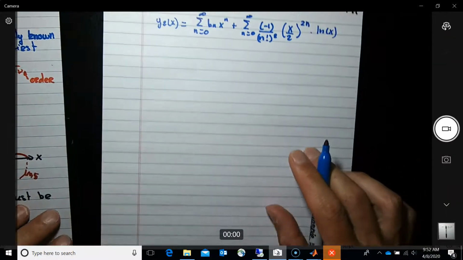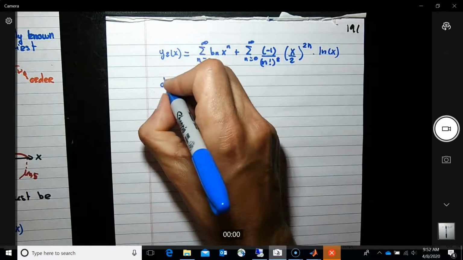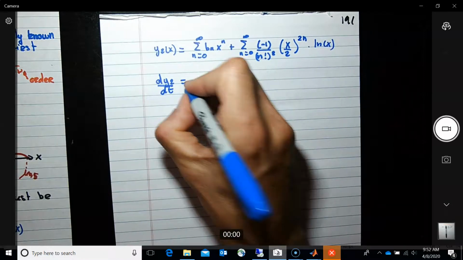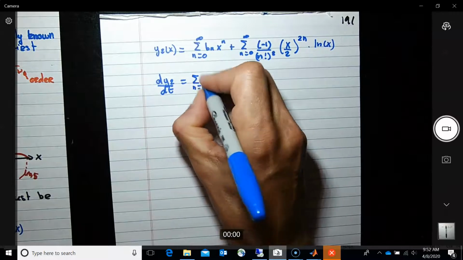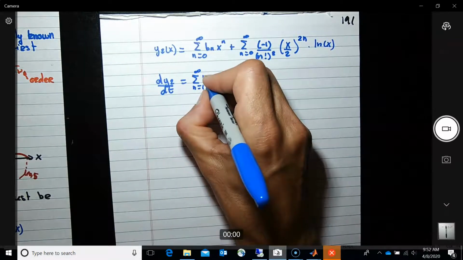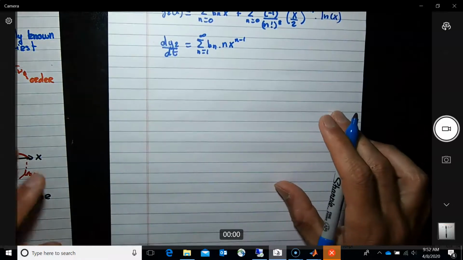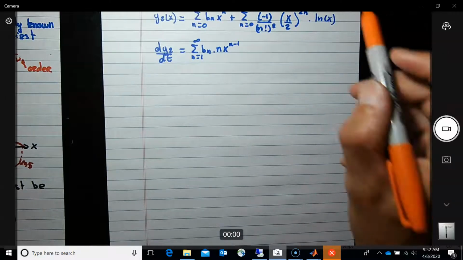Okay, so in this case it's not that complicated, but what would you do? You would take the first derivative. For the first term, that will be the summation of n equal 1 to infinity of b sub n times n times x to the n minus 1. And in this case you need to use the product rule.